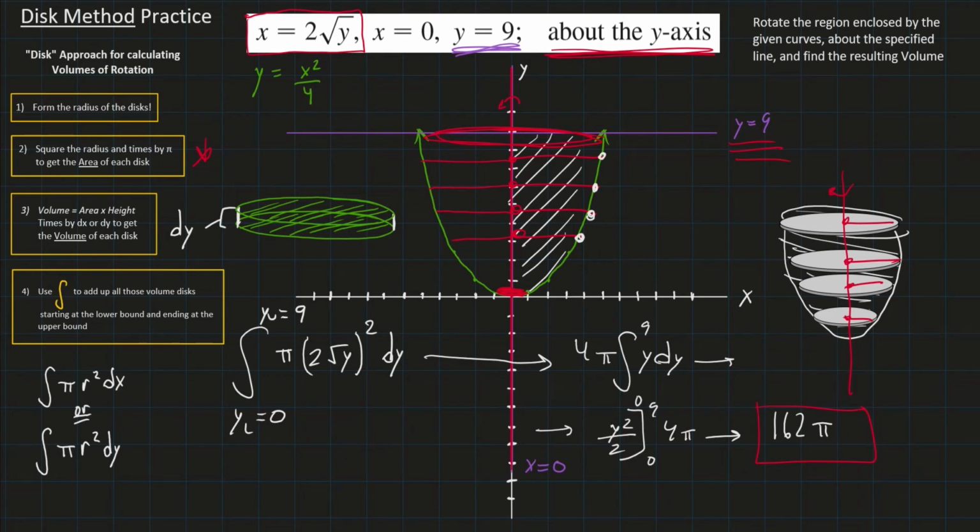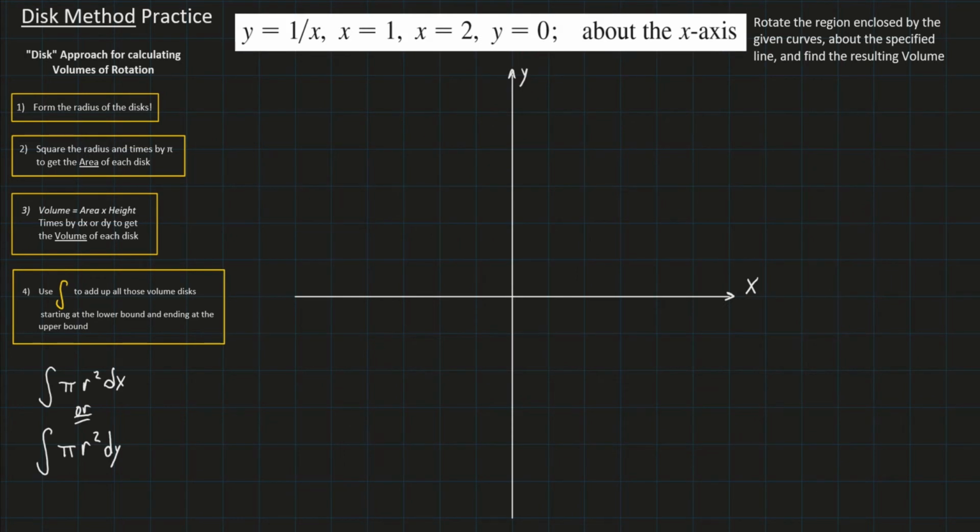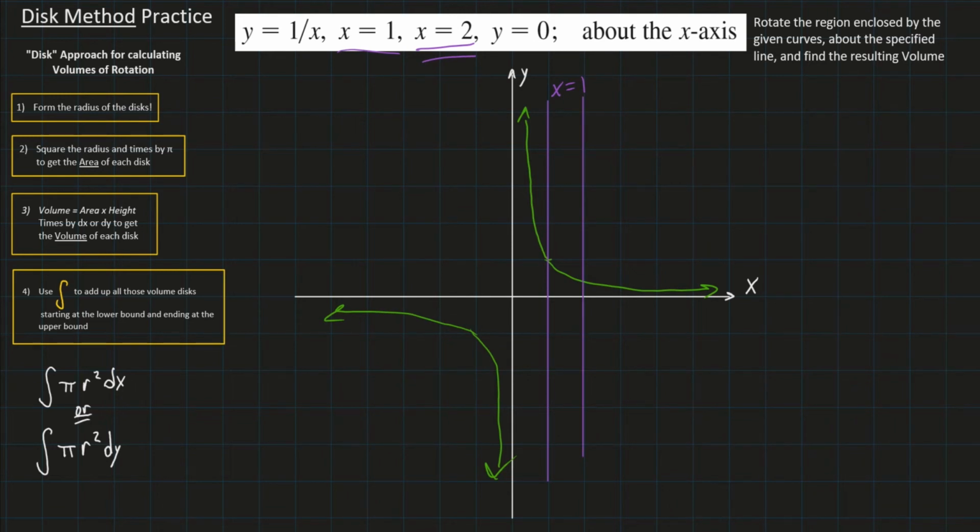Alright, let's do another one. Let's do this one and I'll go through it a bit faster. Let's sketch this curve. That'll basically look something like this. X is equal to 1 and x equals 2 will be all the points that have those x coordinates.